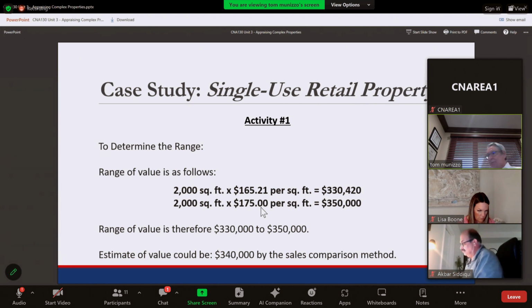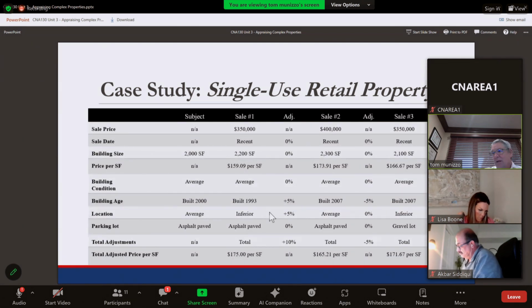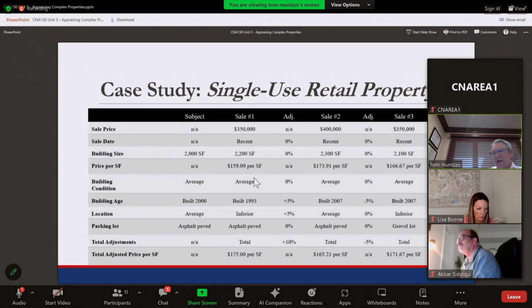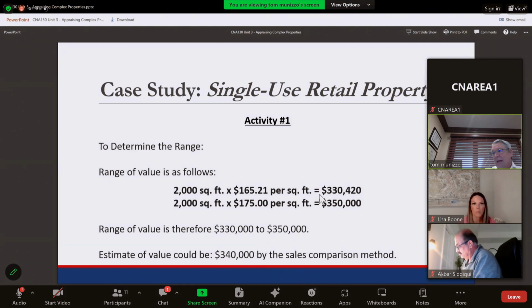Range of value, because we were at 2,000 square feet for our subject property, and if you look when we go above here, our low was 165.21, which was right here, and our high was 175. We apply it: 2,000 times 165 gives us 330,000, or at 175 per square foot is 350,000.